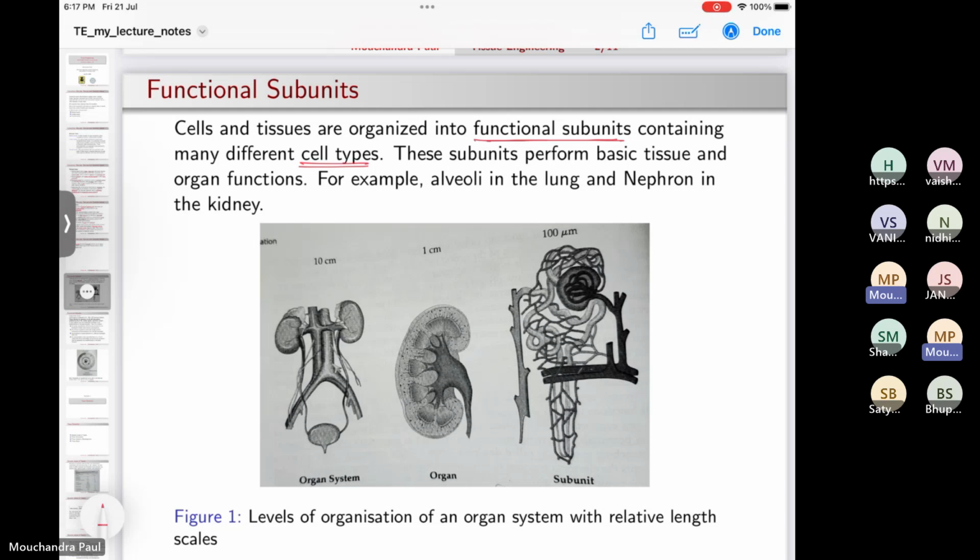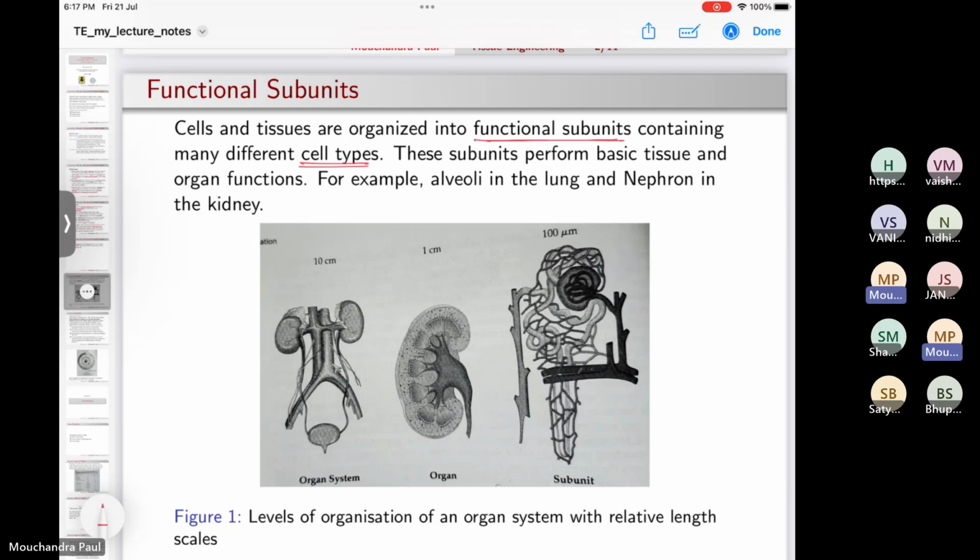So various cells need to secrete some kind of signaling factors in order to communicate among one another. Or as I told you about exocrine glands, there the function is only to secrete.